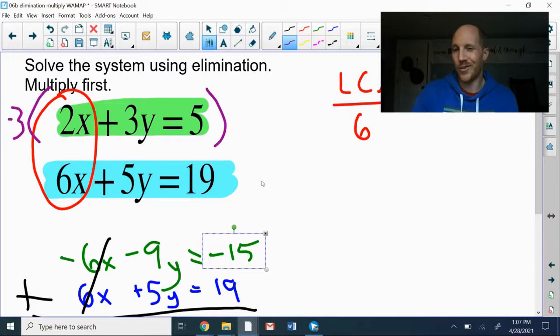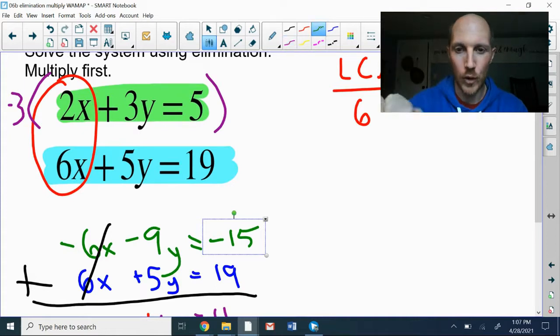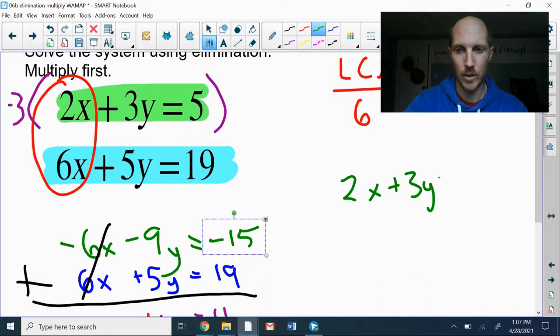I'm going to get the same answer no matter what. Which one should I choose? I'm going to go with the original green equation simply because there are no negatives and it's got the smallest possible numbers out of all those options. I think that's going to be easier. So I'm just going to write this down here. So 2x plus 3y equals 5.